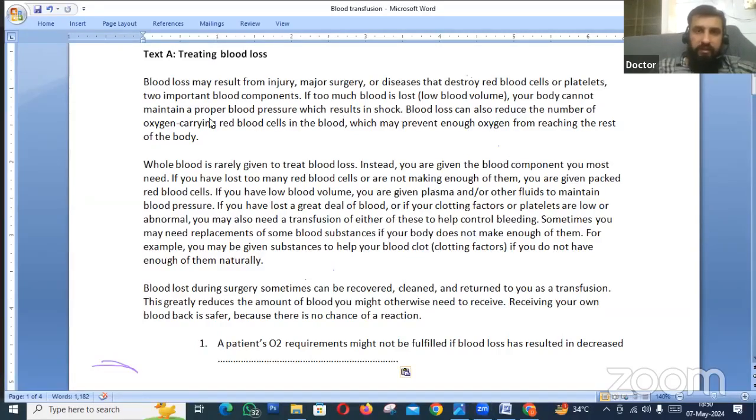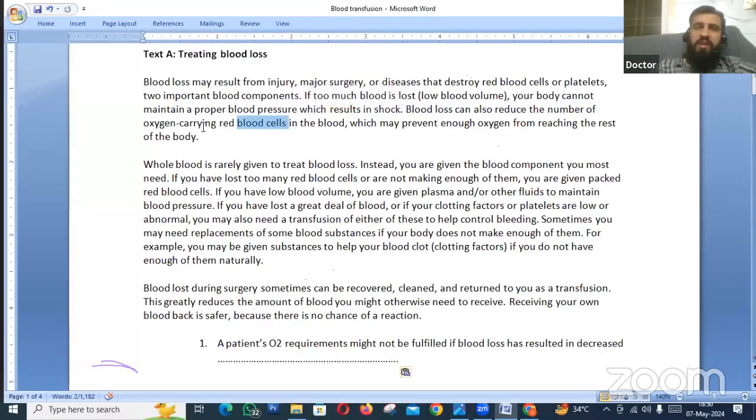If you read this, oxygen is here. The word oxygen. It prevents oxygen from reaching the rest of the body. A patient's O2 requirement is here. May not be fulfilled if blood loss has resulted in decreased. So decreased is reduced number of. Decrease is given.